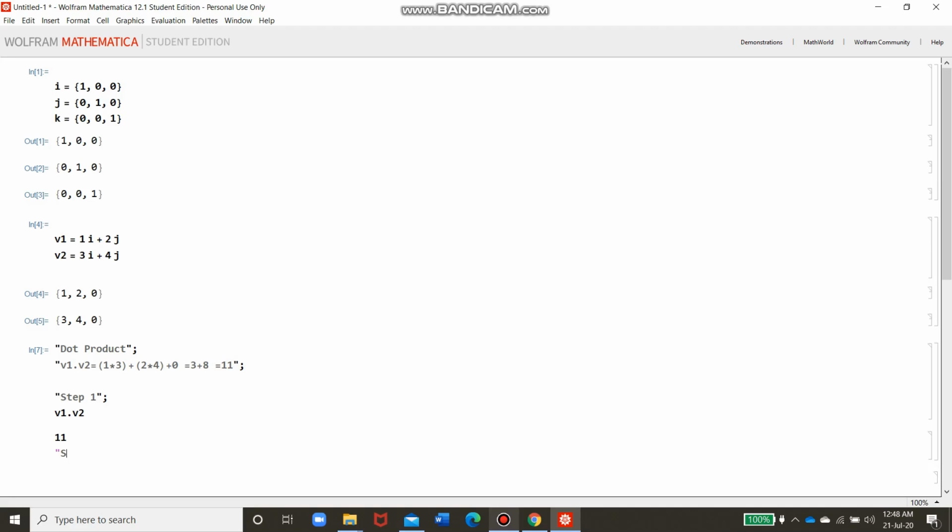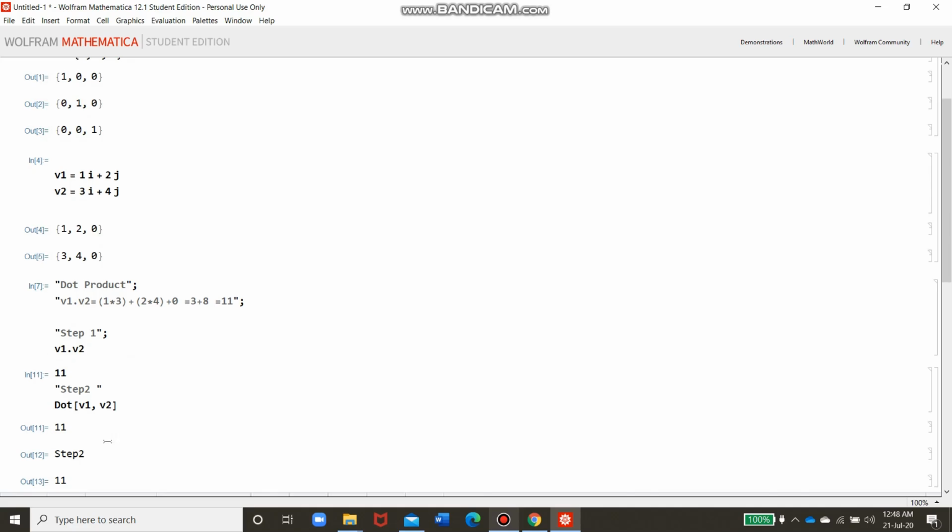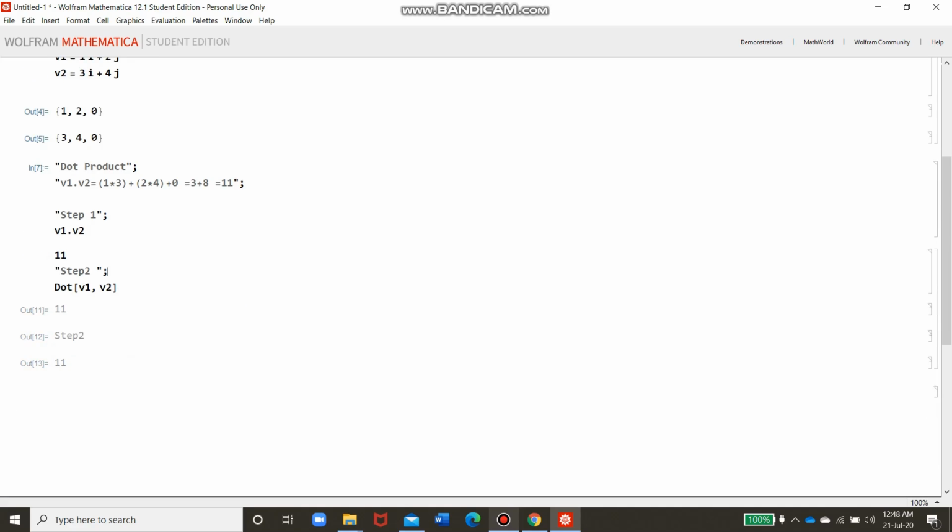Another way is using a command called Dot. You open square brackets, then v1 comma v2, and close the square brackets. Once you press Shift Enter, there you go, you get your next answer, again 11.